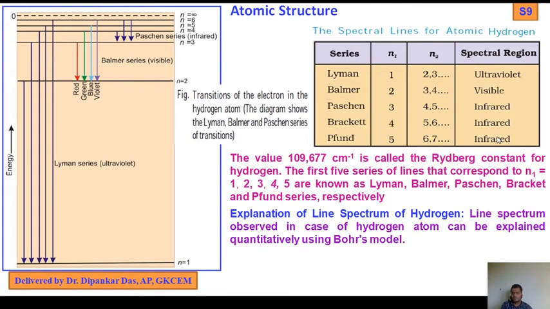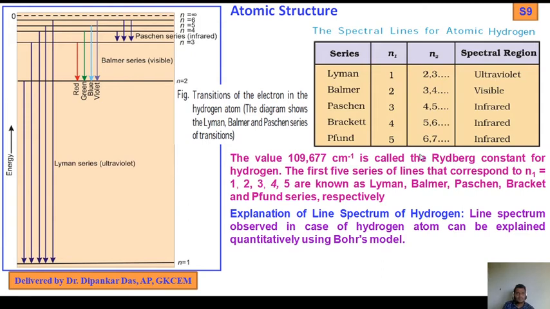Pfund: n1 equals 5, n2 equals 6, 7, infrared.